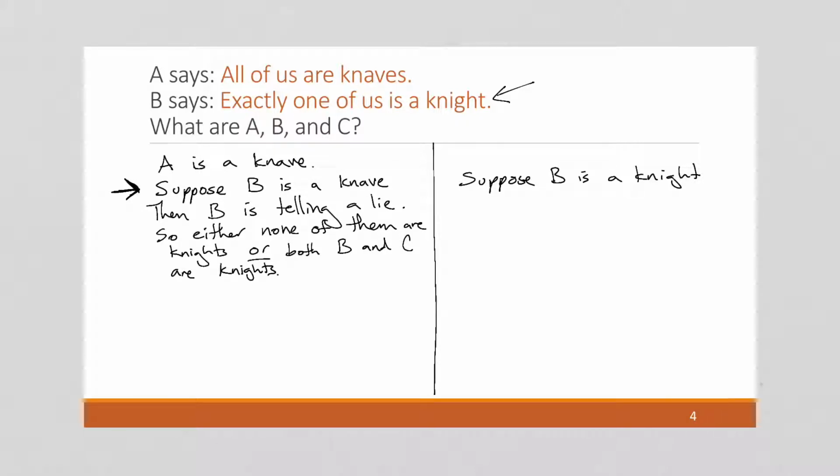Now the problem is we've got these two choices. None of them are knights, or both B and C are knights.